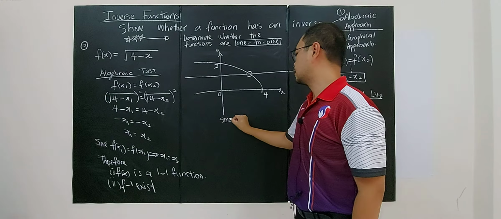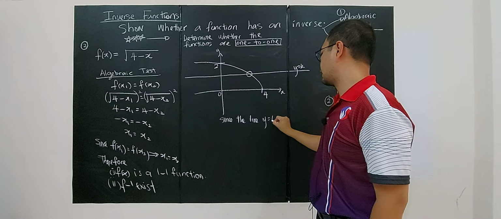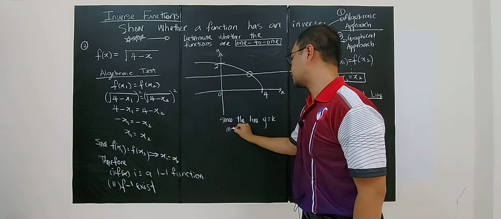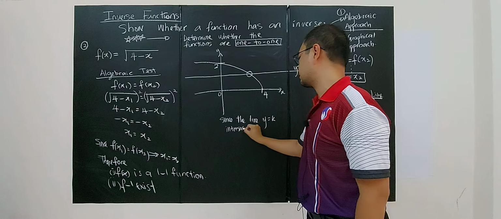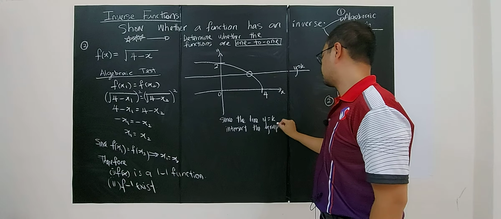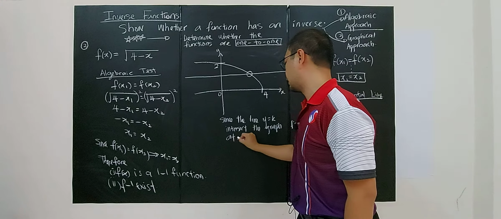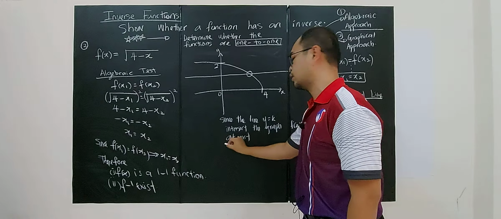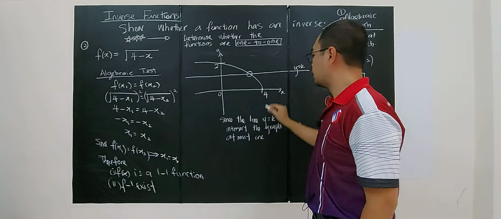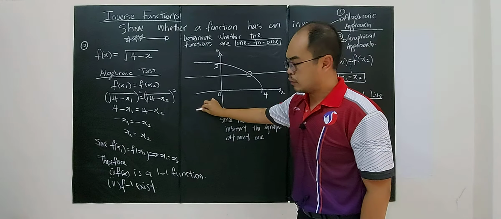Since the line y equals k intersects the graph of f(x) at most 1 point. Why? Because if the line is drawn here, it won't intersect any point.